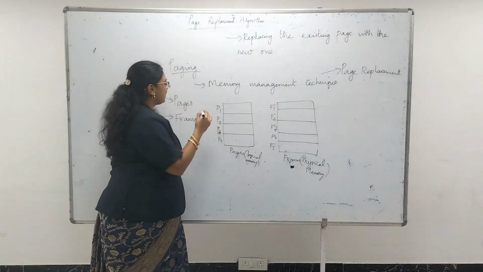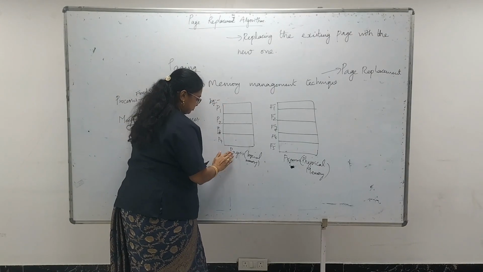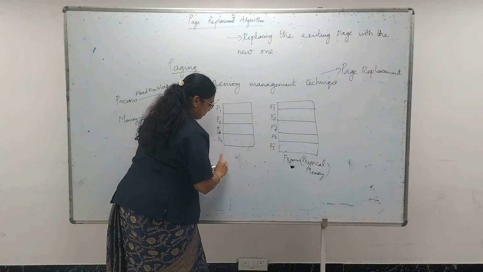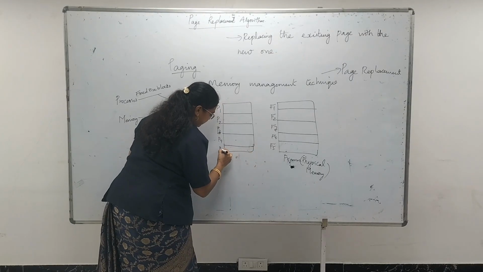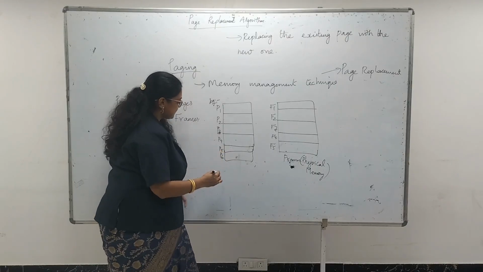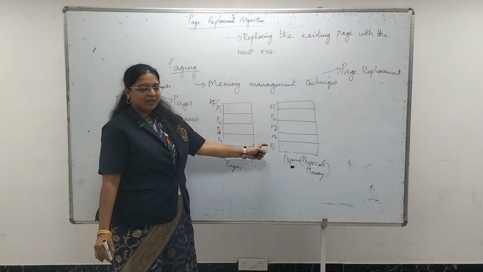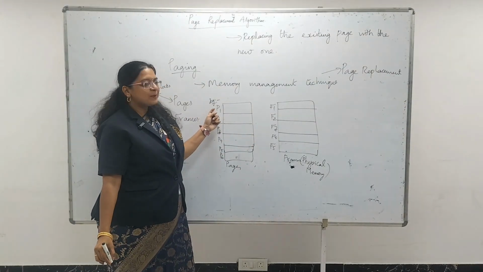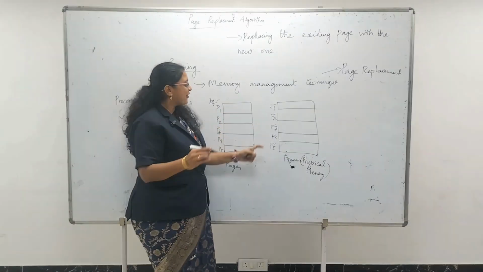For example, here we have six pages. We need to fit the six pages into a frame size of 5. First we allocate P1, that is page 1, into frame 1.